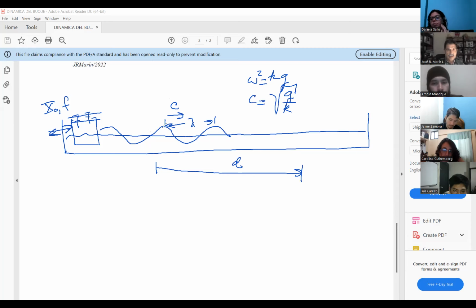When you have a crest about here, you start your chronometer, and when the same crest goes through this point, you stop the chronometer.